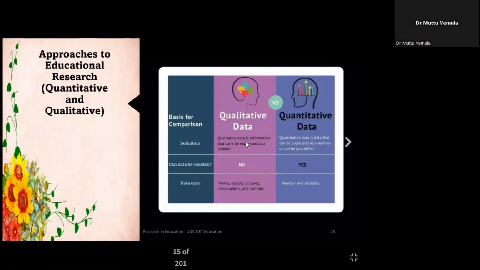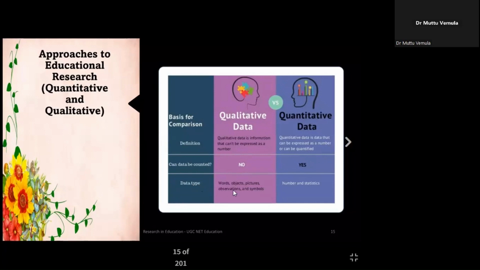That doesn't make sense, right? Percentage of language capacity. So in that case, data belongs to which category? Qualitative data. Okay. So what is the limitation of qualitative data? Can data be counted? No, you can't count in qualitative data. But where can it be counted? Quantitative data.